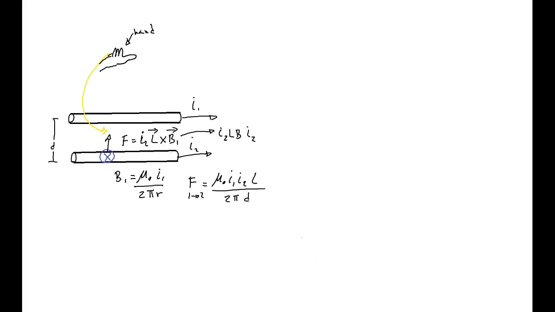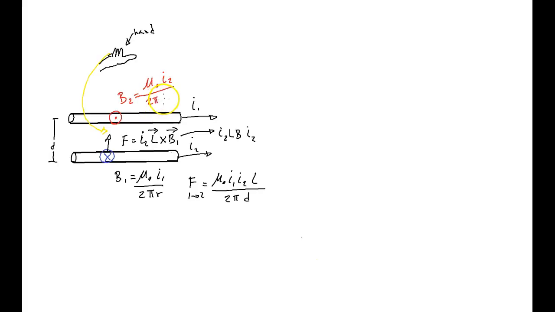We draw that here like this. So this is B2, and it's equal to mu sub 0 I2 over 2 pi d. And then using this version of the right-hand rule again, now your thumb points in the direction of I1.